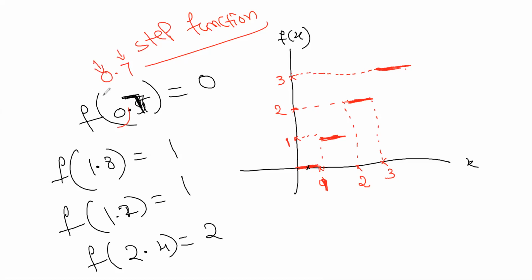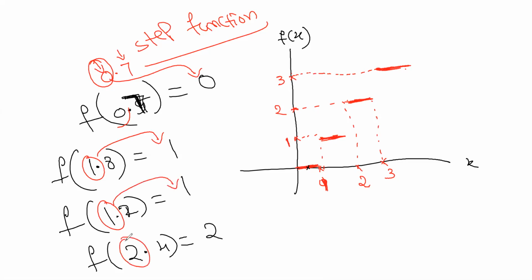When you are giving a decimal number, it always gives the whole part: 0, 1, 1 itself, 2. The name of this is called step function because they named it after drawing the graph.